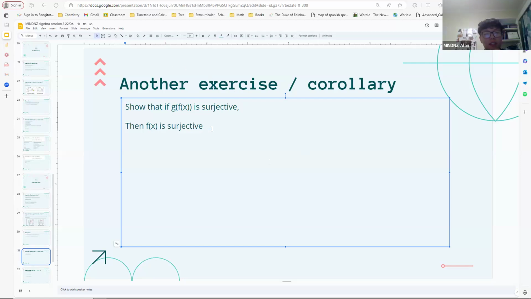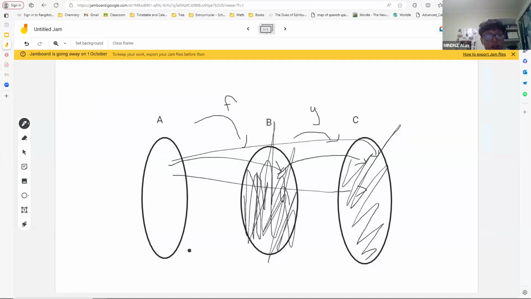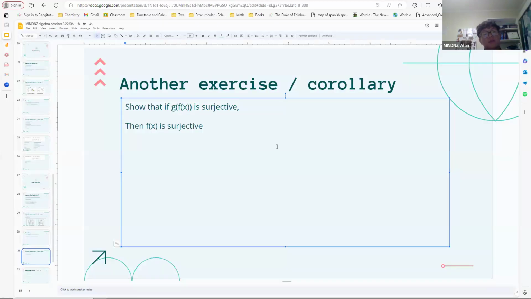So essentially, if G of F of X is surjective, then we can use this diagram to know that these extended paths basically cover all of C, right? But then how would we prove this? We would prove it by assuming that G of F of X is not surjective.